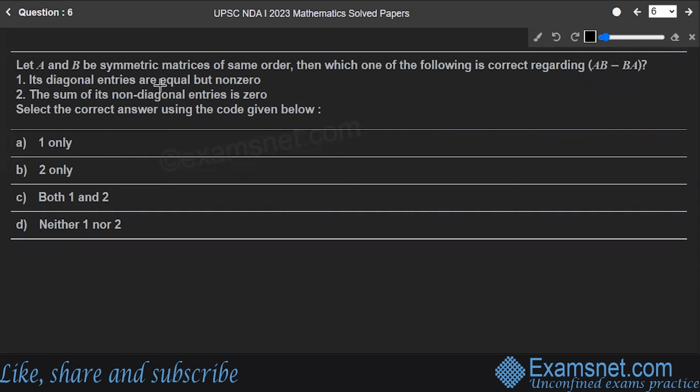All right. So we are not given anything, just that the order of the two matrices is the same. I'll choose the simplest one, that is a 2 by 2 matrix. So I'll assume A to be [A, B; B, C] and the B matrix to be [D, E; E, F].